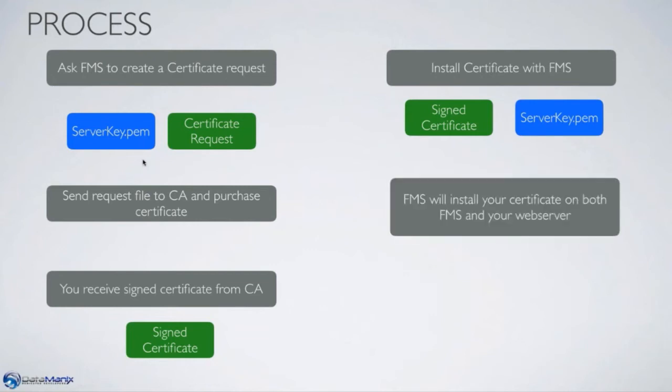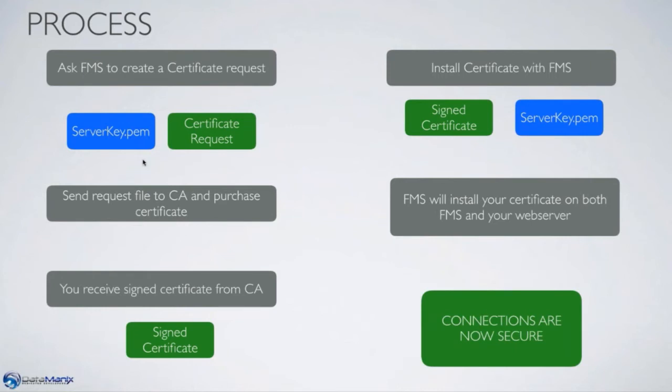And then FileMaker Server will install your certificates on both the FileMaker Server database engine and the web server as well. At least that is the case when you are running a one-machine deployment, which is what we are talking about here. If you're running a two-machine deployment, you are probably so advanced that you know how to install on the web server machine.